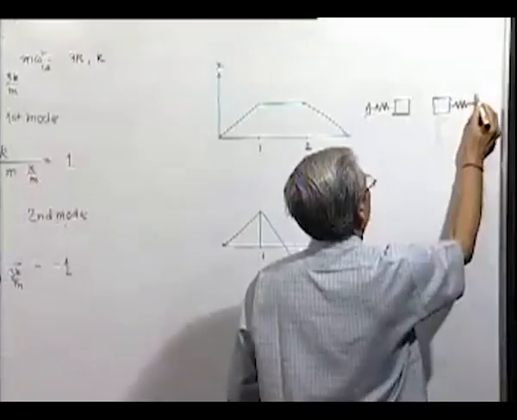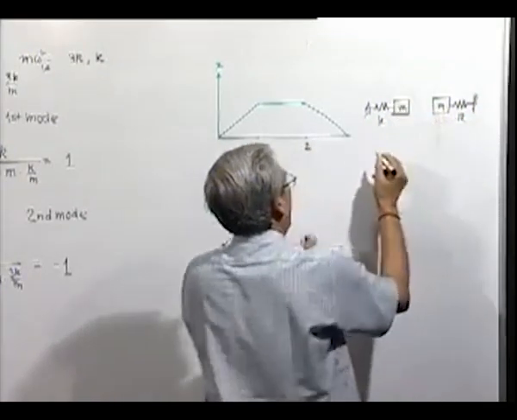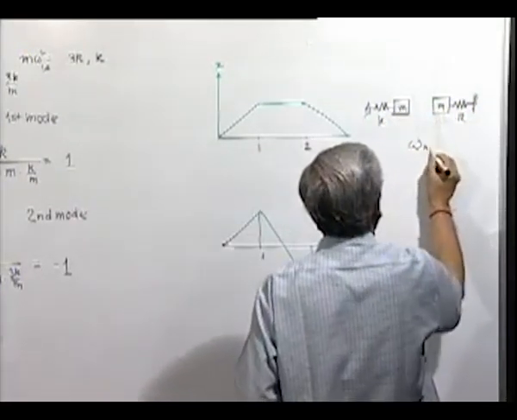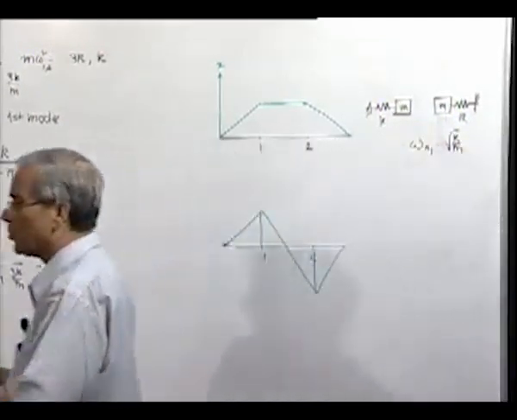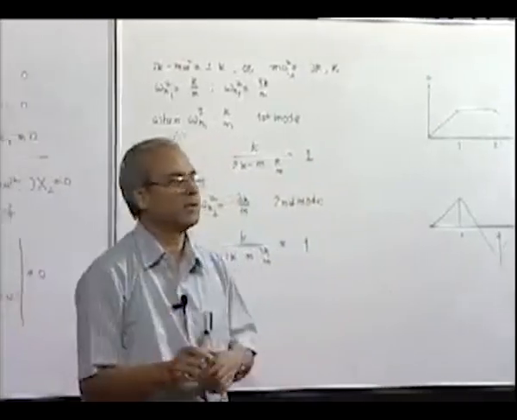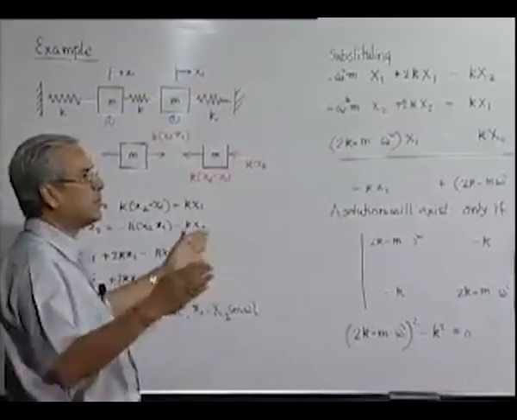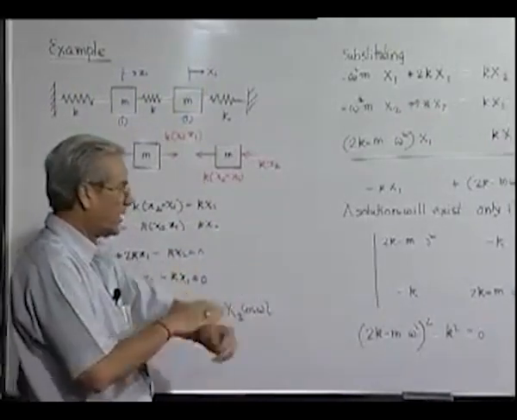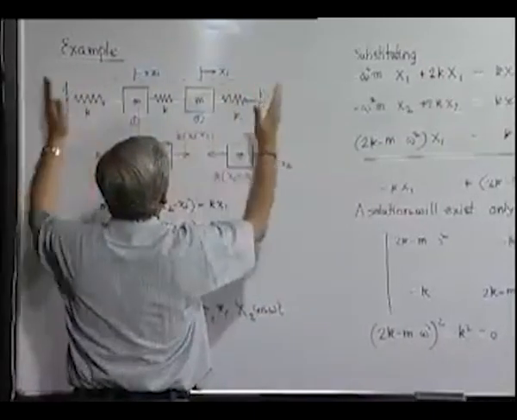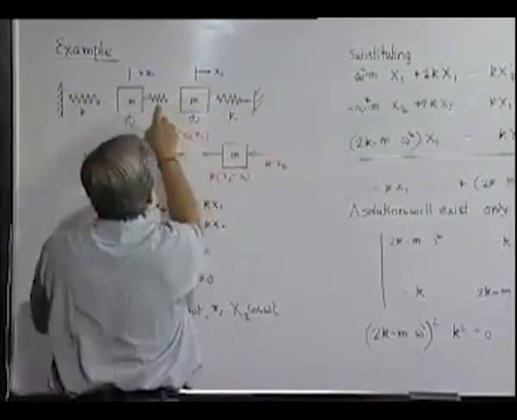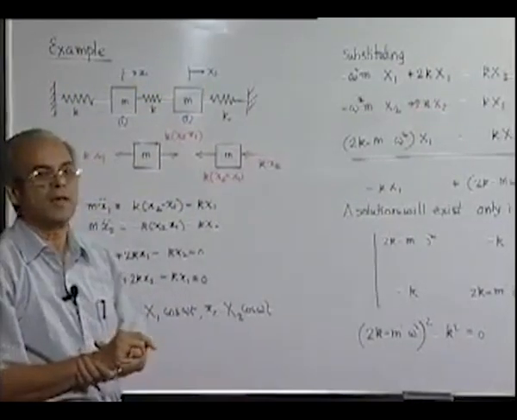Then it is as good as the spring not being there, and so the system will be equivalent to two systems, and their natural frequency obviously is square root of k by m, because this is nothing but two simple spring mass systems of identical nature.